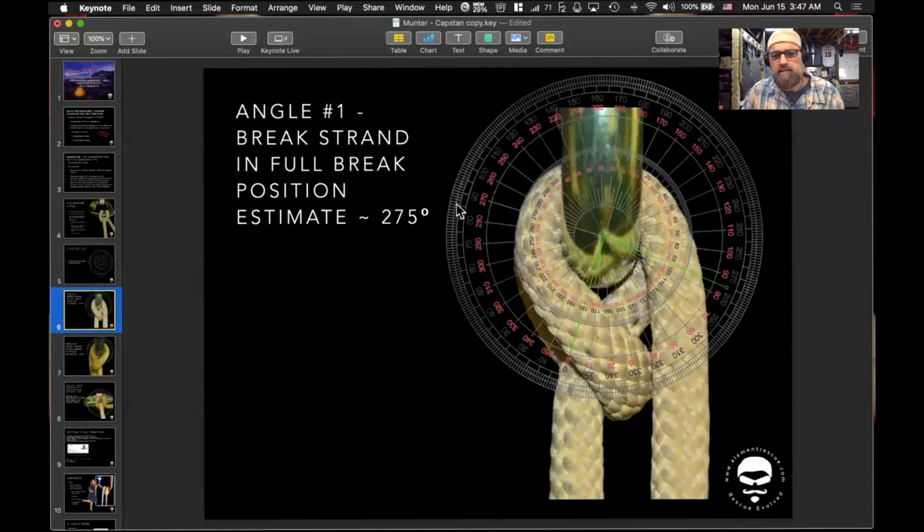So when we're looking at this is the first angle. There's 3 angles that we're going to look at in a Munter hitch, and we're going to go through all 3 of them. I do want to preface this, although we have it in a later slide: at no point am I saying that you should roll around with a protractor, a scientific calculator, understanding what Euler's or Euler's constant, depending if you're speaking German or not, is, memorizing all this stuff and walking around with a calculator watch or some goofy crap like that.